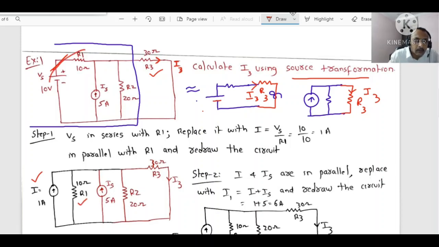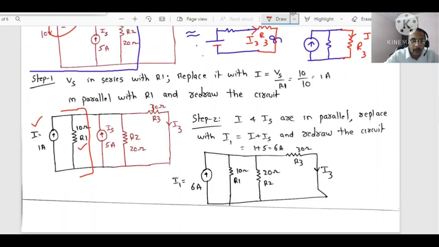This part we are simplifying, and in the place of this voltage source in series with the resistor, we have this part, and you add it to the remaining part of the circuit. You don't change the remaining part. That is step 1.